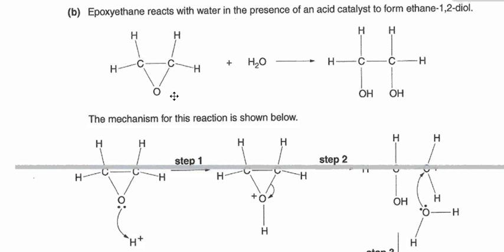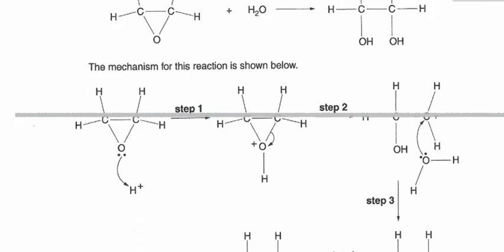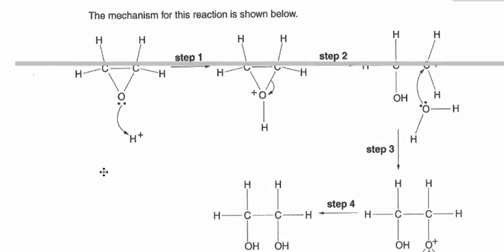So here's the mechanism, here's how it's looking. We start off, we've got, notice here, our acid catalyst, electrons moving to the acid catalyst, so a bond's going to form between the O and the H+, which is going to give us our first OH.